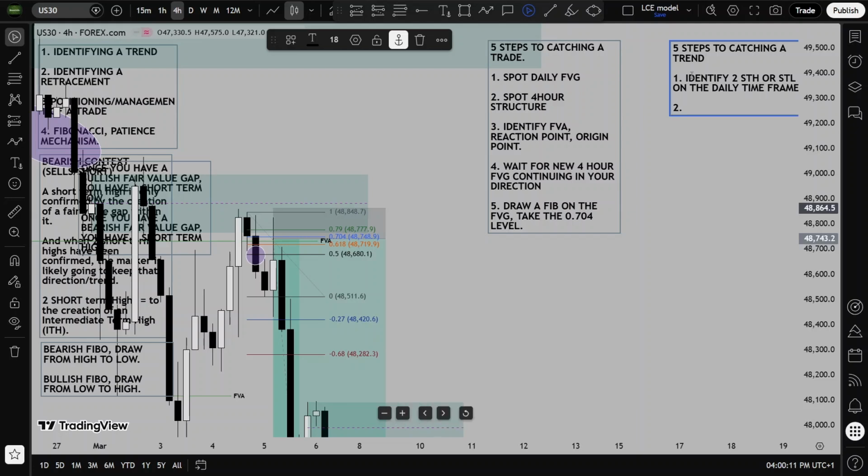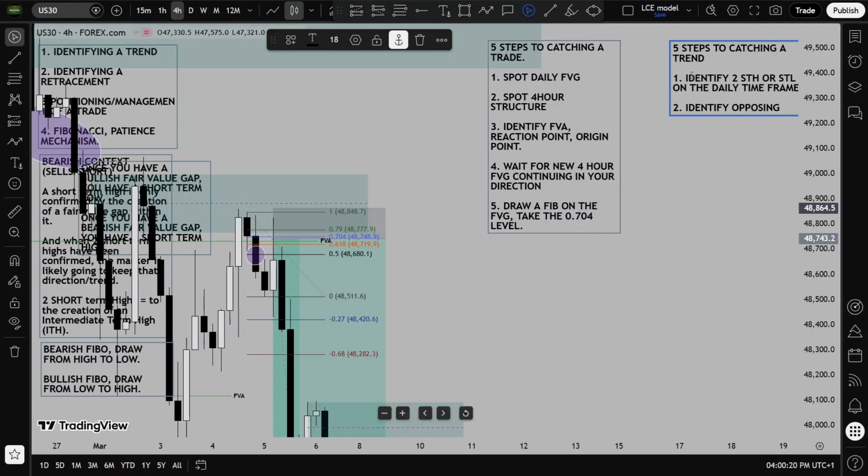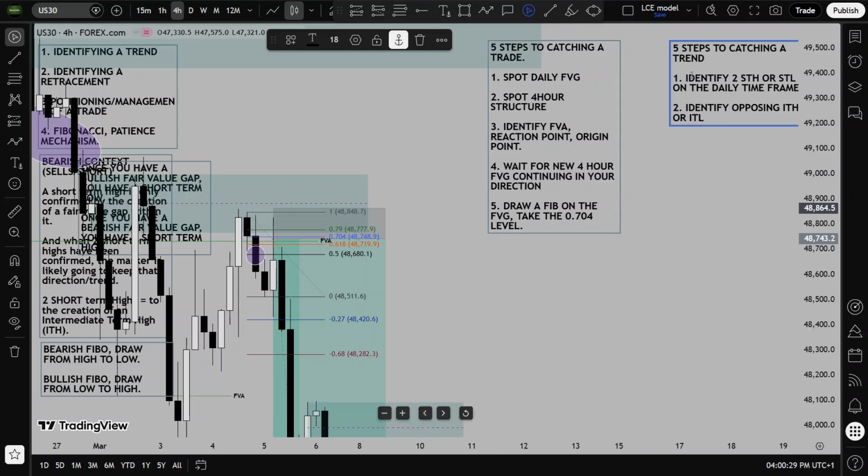Number 2, identify opposing ITH or ITL, which is intermediate term high or intermediate term low.